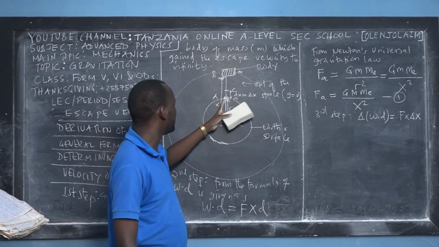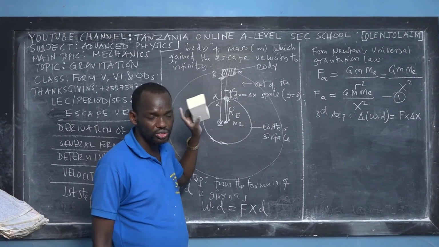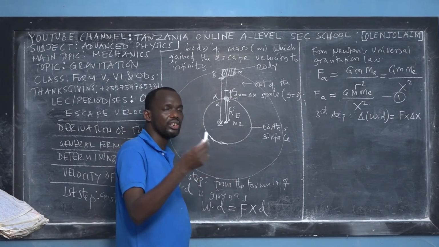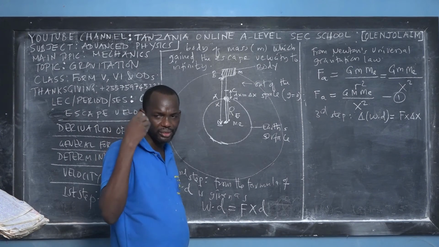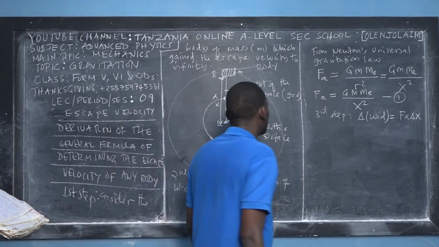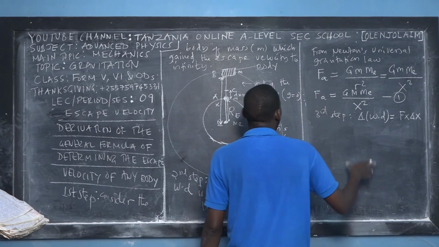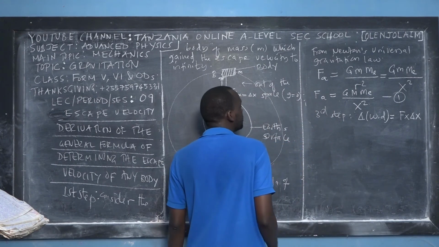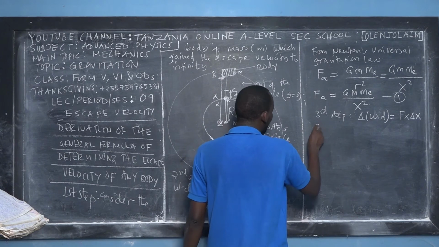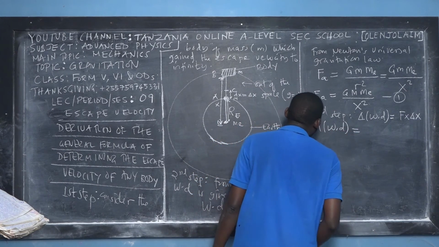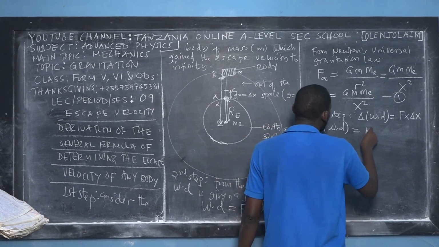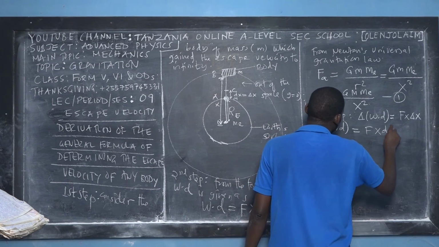Remember that when these two points are very close, because in integration we don't need to deal with the entire chunk, we just take a piece of it, derive the formula, and then integrate. So this is the small amount of work done. We can think of the small work done as equal to force times dx.